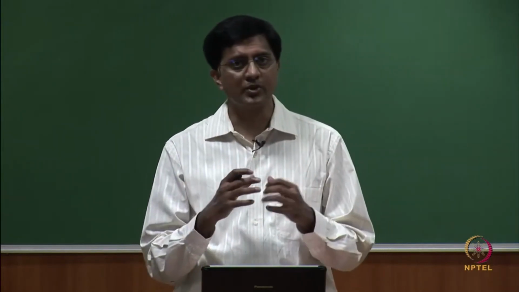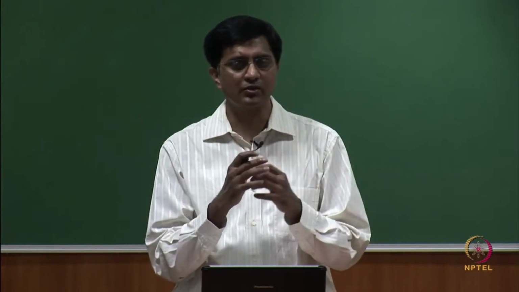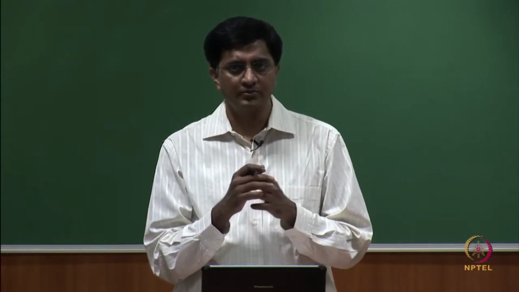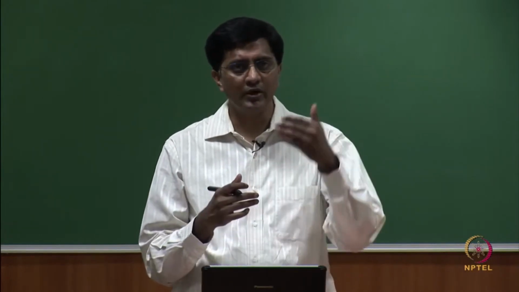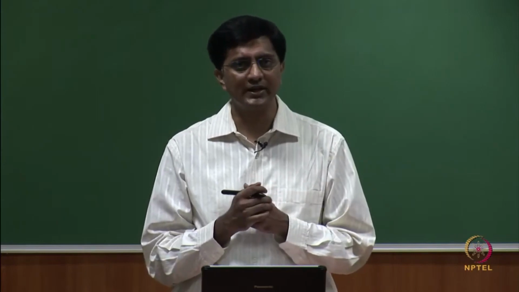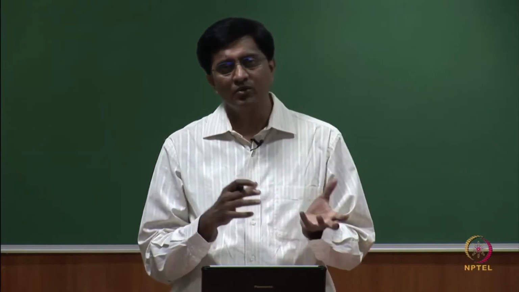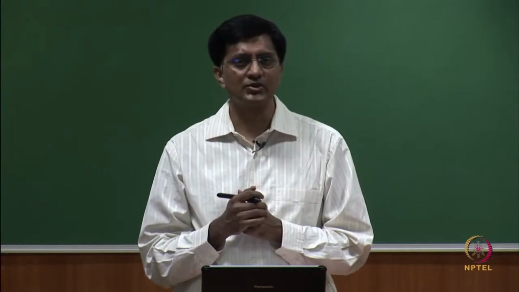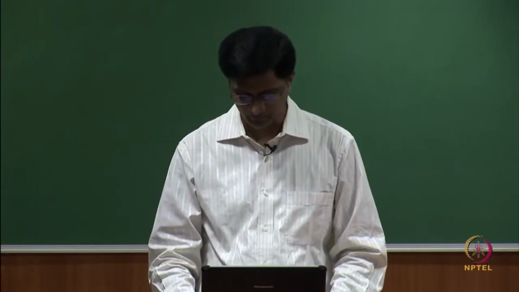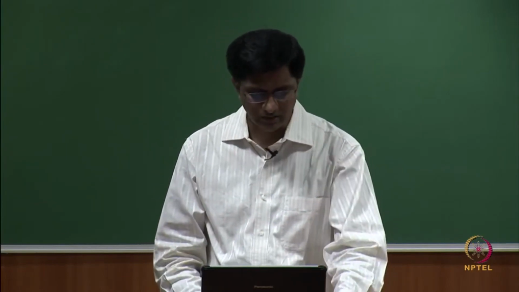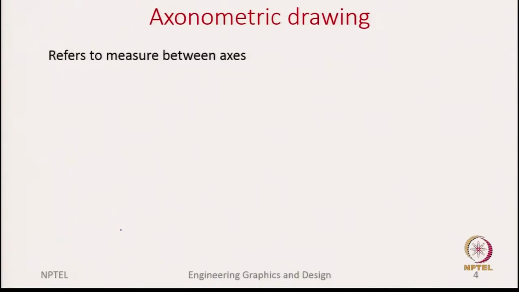These perspective drawings give a more realistic view of the object. In the later slides we will go into the details of these three categories and see in which cases we use each of them. Okay. Now let us start with axonometric drawings. Axon means axis and metric means measure.